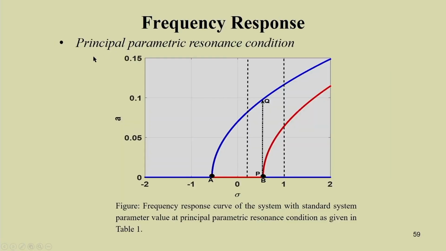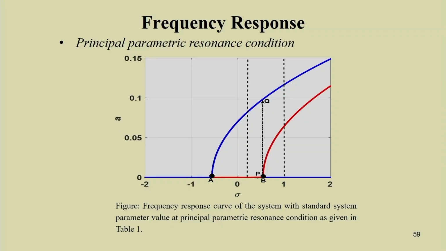In case of the principal parametric resonance condition, you just see the bifurcation is different. Here you have a pitchfork type of bifurcation. Here up to A, the trivial state is stable. So you only have a trivial state, that means before A, whatever may be the force or the frequency, the system is stable.